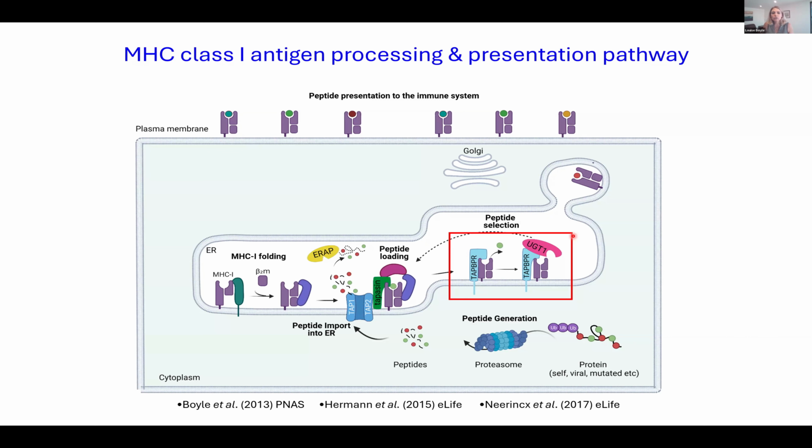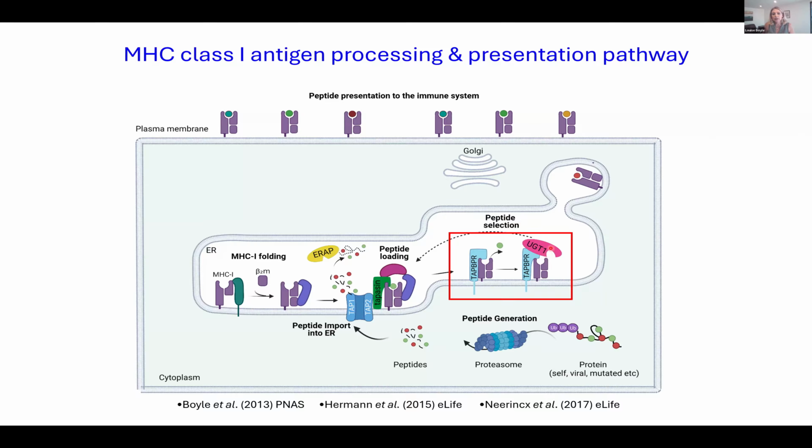So we now know that this TAPBPR molecule is an intracellular MHC class 1 peptide chaperone and a peptide editor that seems to be involved in a peptide selection step for MHC class 1 molecules. And we've also done work that's shown that TAPBPR can interact with an enzyme called UGT1, or UDP-glucose glycoprotein glucosyltransferase 1.